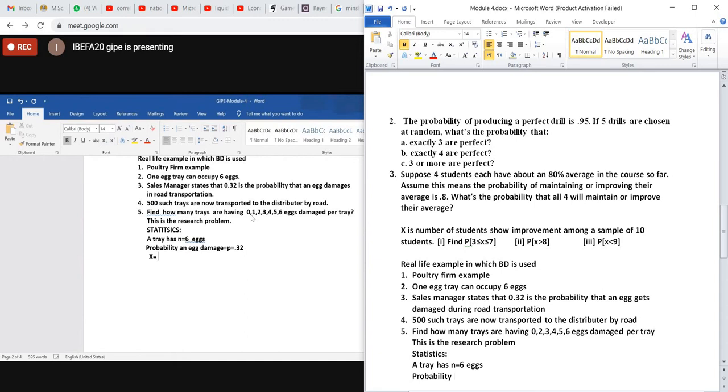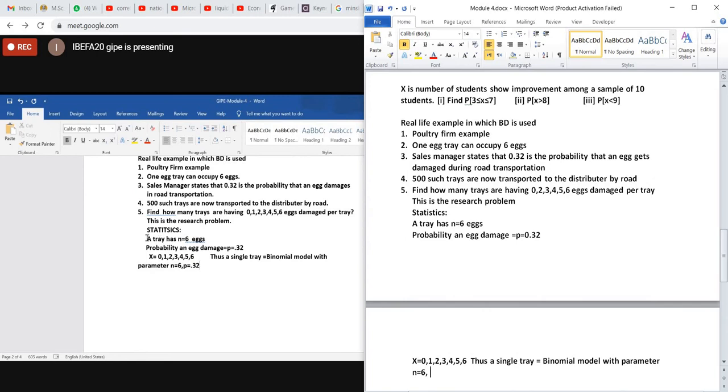X equal to 0, 1, 2, 3, 4, 5, 6. Thus, a single tray is a binomial model with parameters n equal to 6, p equal to 0.32. This is statistics.